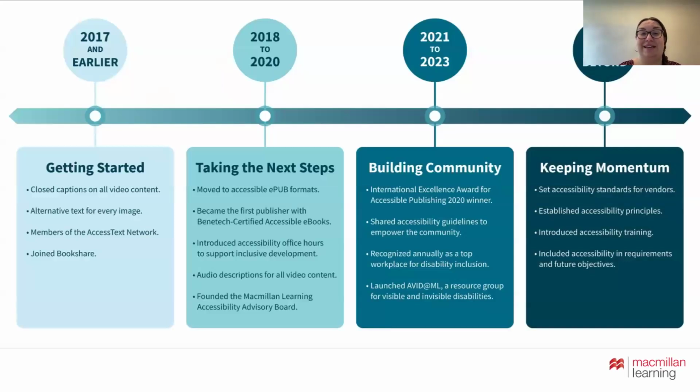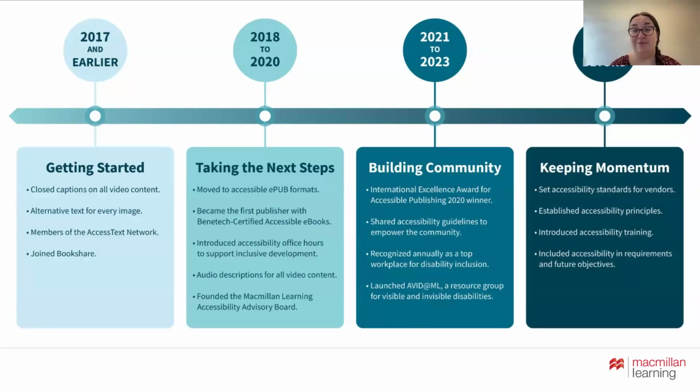I want to give you an idea of where we are on our accessibility journey. But in order to do that, I want to tell you where we started. So our program is more than a decade old now, and we've won international recognition for the work that we've done. But it started as most accessibility programs do, with baby steps. So we started with problems that were clear-cut, easy to solve, and had relatively low workflow impact.